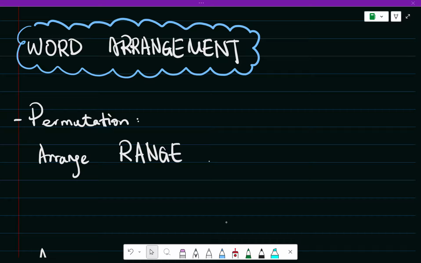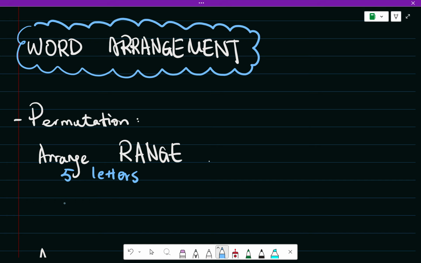So the first question here involves permutation. We're looking for all the distinct arrangements that we can make out of the word RANGE. If we look at RANGE, there's 5 letters without any repetitions. So if we have an arrangement where order matters and there's no repetitions, that means it's a simple permutation question.